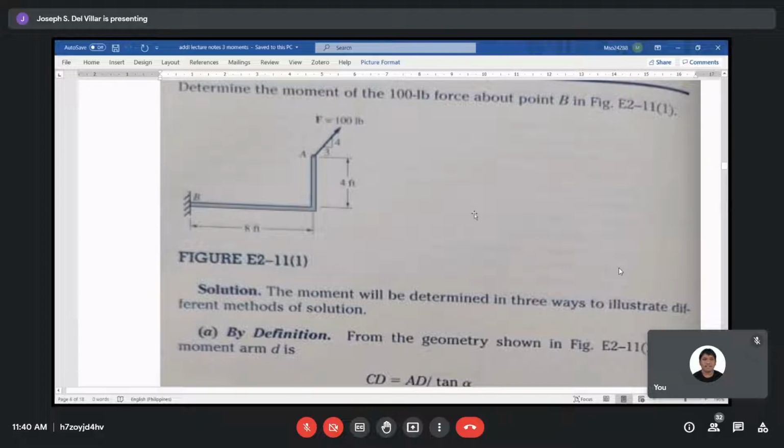If the slope is 4/3, what is the cosine of the angle? 3/5, di ba? And sine is 4/5. So the y component counterclockwise, the x component is clockwise. Set up the equation.